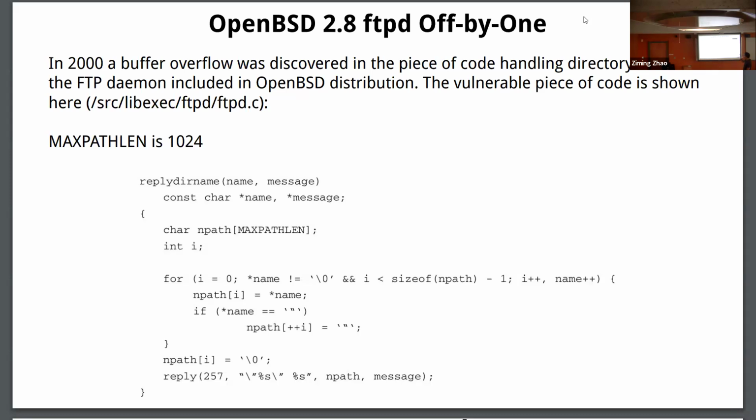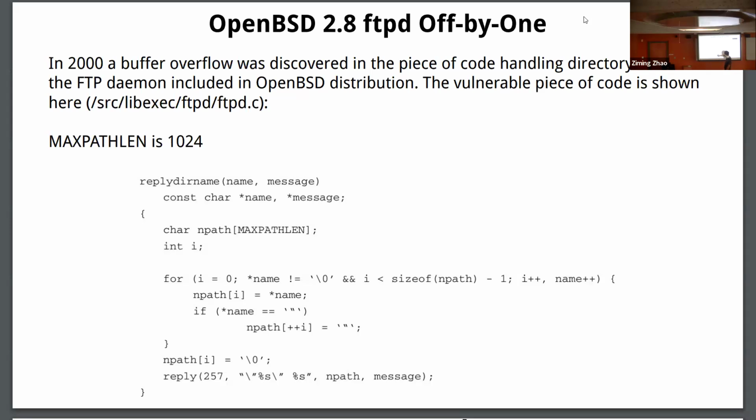There is an off-by-one vulnerability. Off by one means you are overwriting one more byte than you should, or sometimes overreading one more byte than you should. The vulnerability actually is here, the plus plus i.